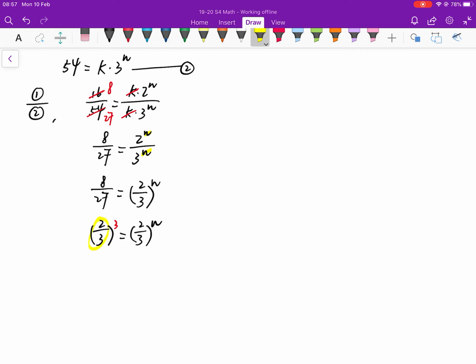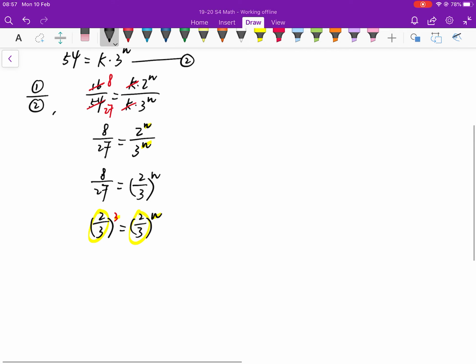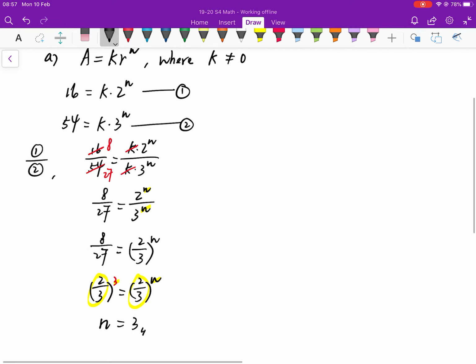Then we know that both have the base 2 over 3, so the power will be the answer. So n equals 3. And this is part A.